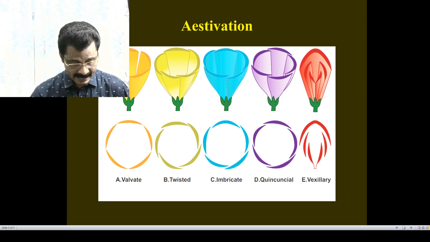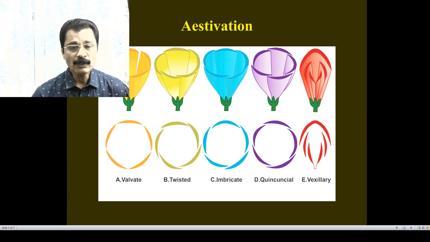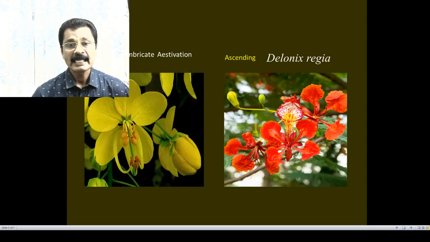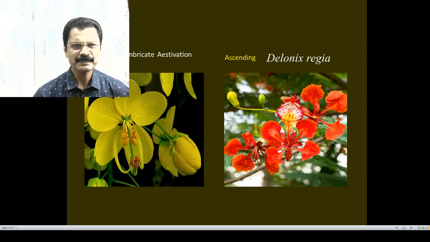And imbricate estivation is of two types: ascending imbricate estivation and descending imbricate estivation. In the case of ascending imbricate estivation, the anterior sepal or petal is completely outside. The other sepal or petal is completely inside.